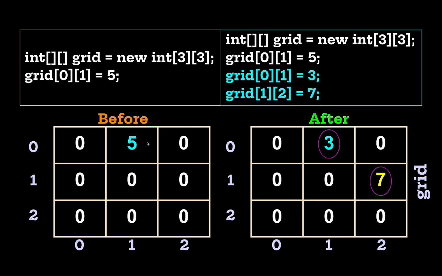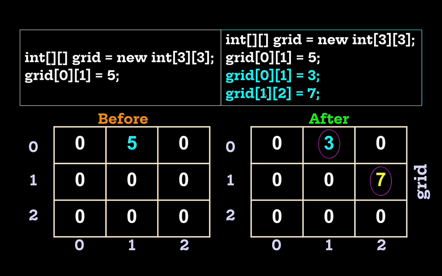What's happening here? Initially, take a look at this. We had 5 here, right? Because this is the 0th index of the first row, and this is the second column, or the first index, right, on that row. So we're saying we want to change that value to 3, and that's why you notice here we have 3.